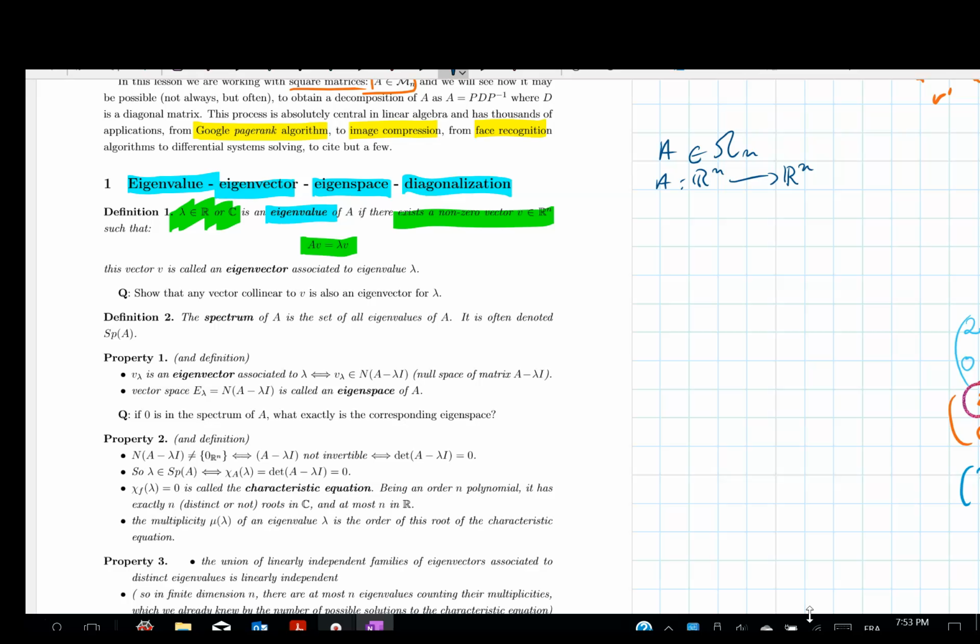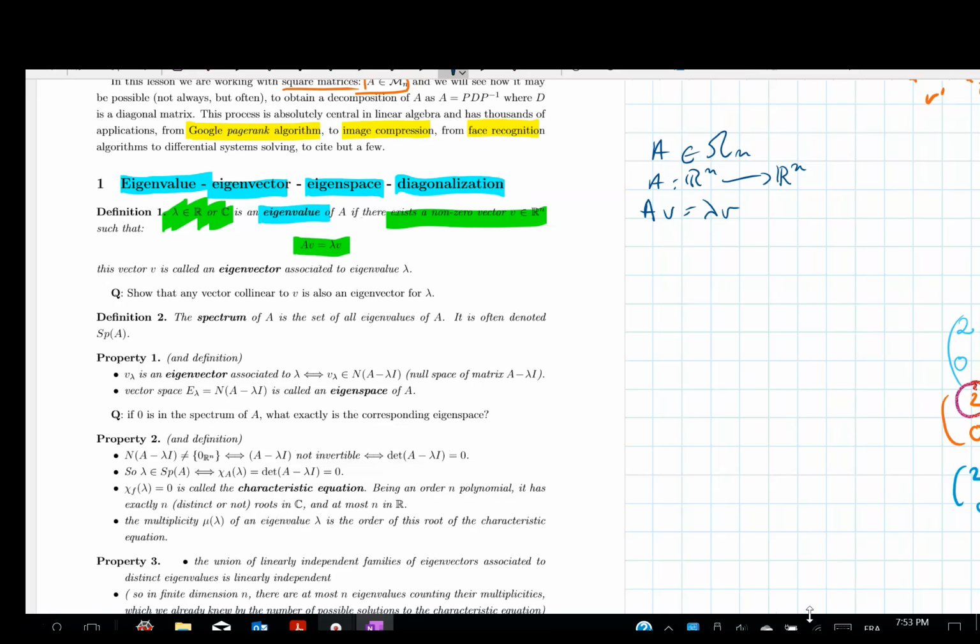So my matrix A goes from Rn to Rn. And so lambda is an eigenvalue if I've got a non-zero eigenvector, such that A times V is equal to lambda times V. Okay, so that's the definition.